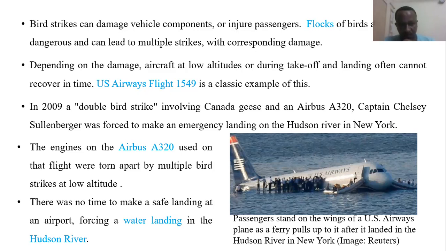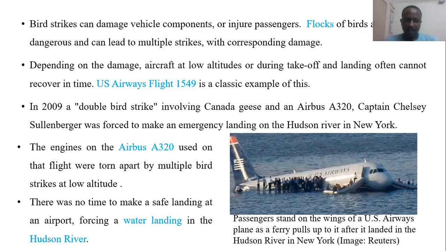US Airways flight number 1549 is a classical example of this. Recovering the aircraft after impact is a very difficult job for the pilots.